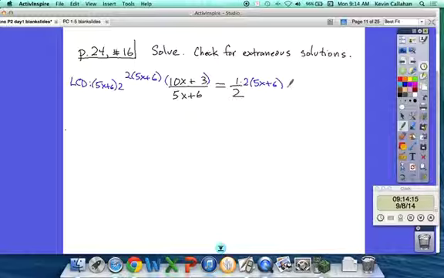And do they cancel? Yeah. I can cross out the 5x plus 6 with the 5x plus 6, the 2 with the 2, and I would be left with 2 times 10x plus 3 equals 5x plus 6.